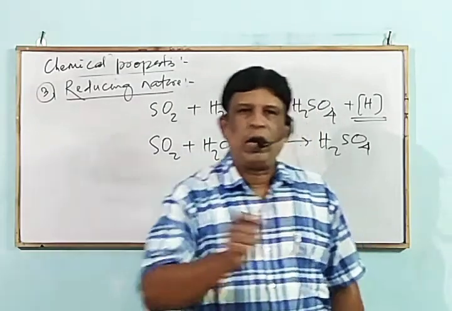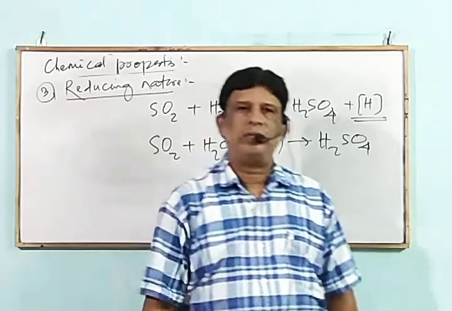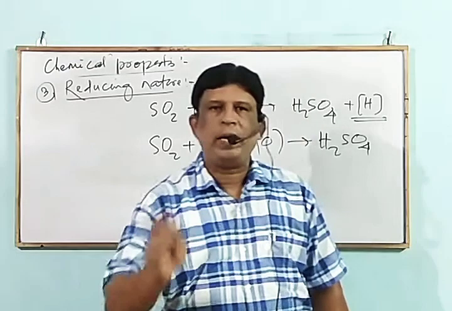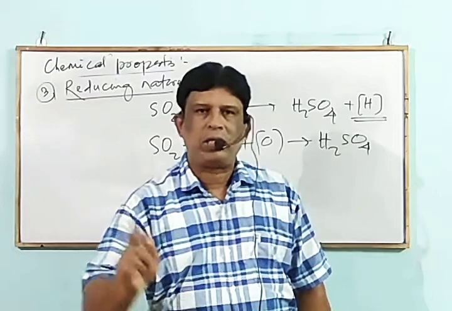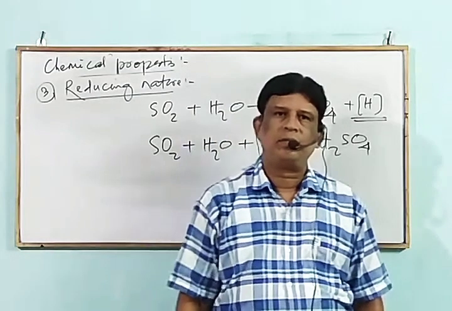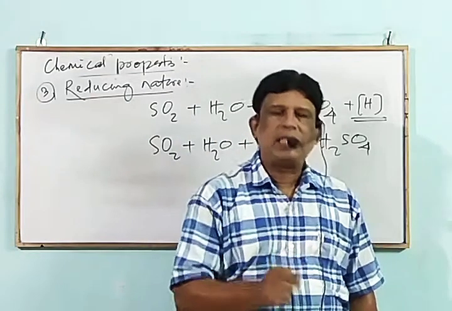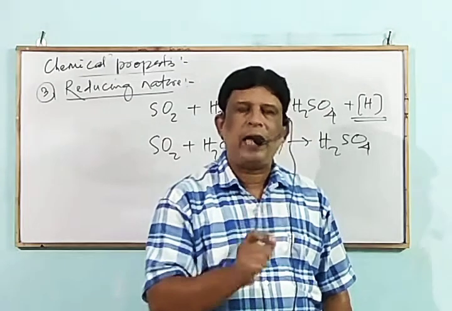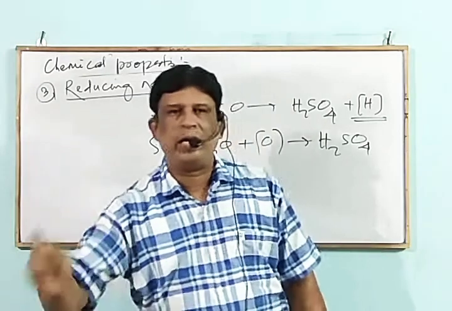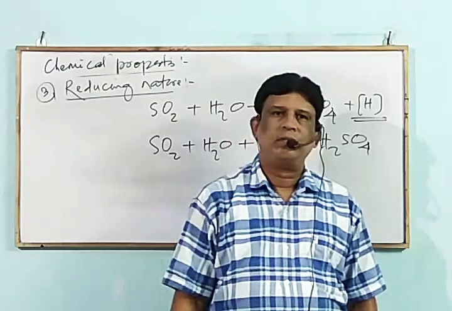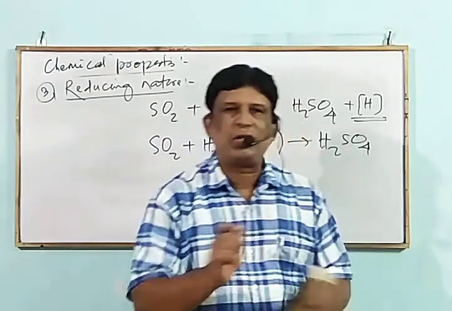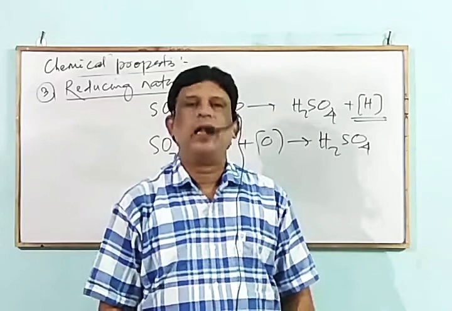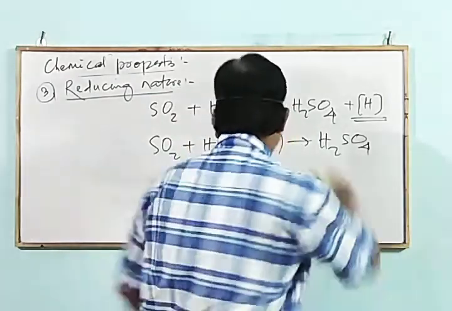It decolorizes the pink color of acidified potassium permanganate. It changes the orange color of acidified potassium dichromate to green. It reduces ferric salt to ferrous salt. Let us discuss one by one.